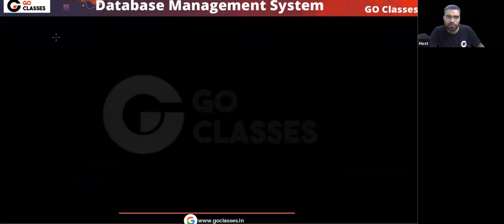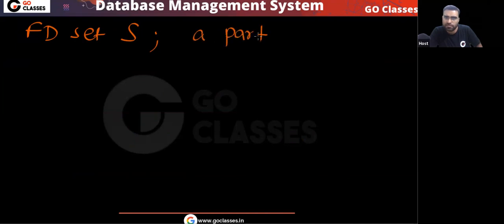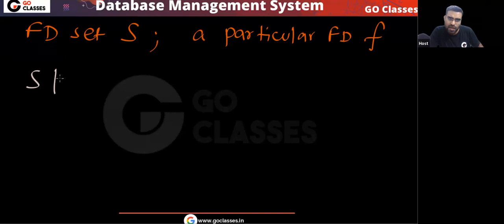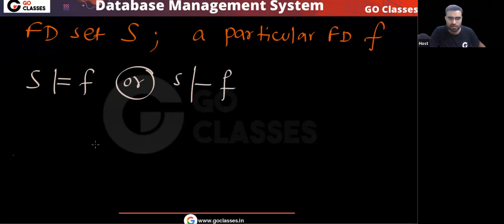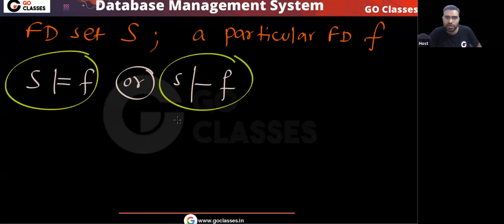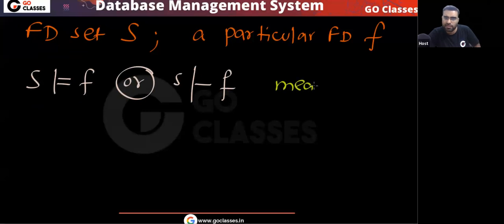So remember, if you have an FD set S and a particular FD F, and I write it like this, what does this symbol mean?